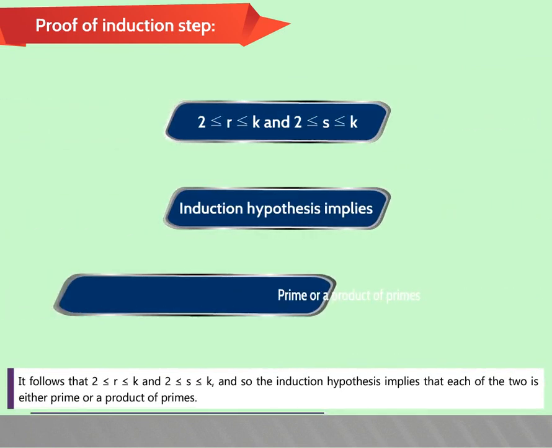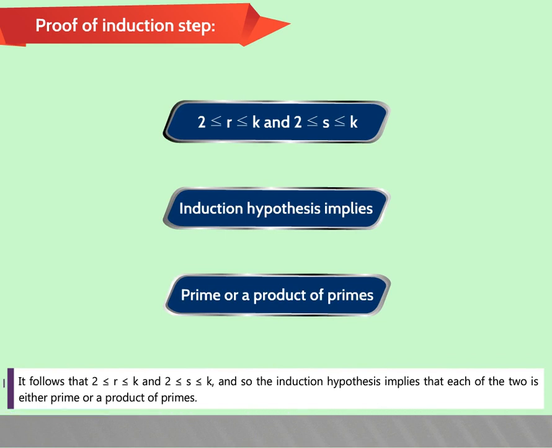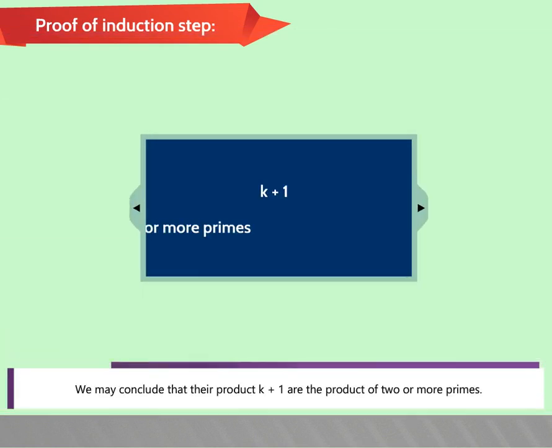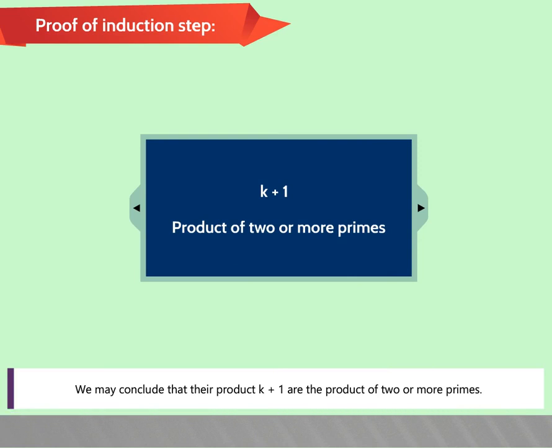It follows that 2 less than or equal to r less than or equal to k and 2 less than or equal to s less than or equal to k, and so the induction hypothesis implies that each of the two is either prime or a product of primes. We may conclude that k plus 1 is the product of two or more primes.